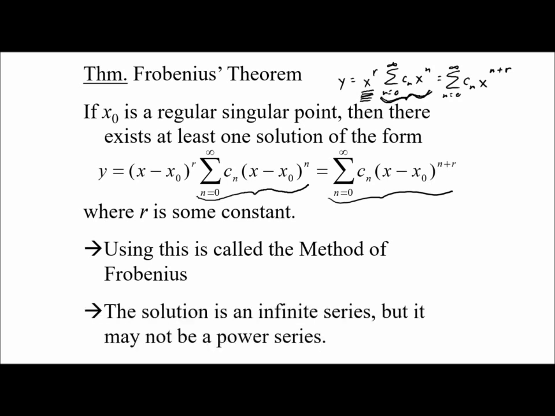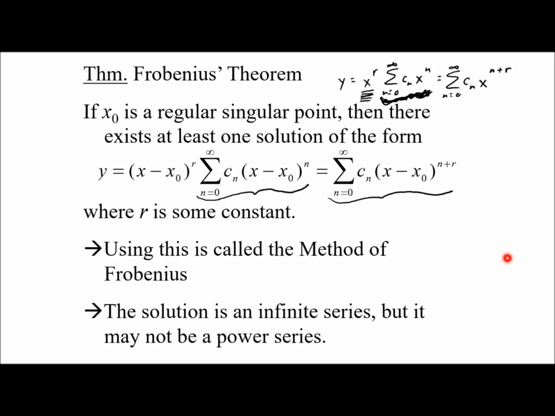It's worth pointing out that the solution is an infinite series, but it may not be a power series. Remember that a power series is an infinite polynomial. A power series is adding terms that are powers of x raised to whole number powers. Negative powers don't even work. Please notice that we are assuming that we're taking that power series that we've been working with and multiplying it by x to the r power.